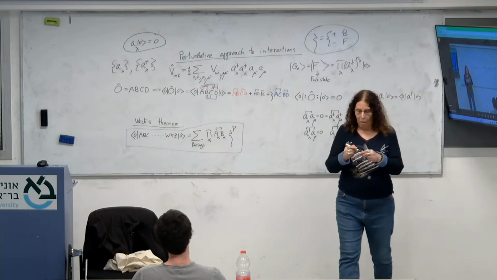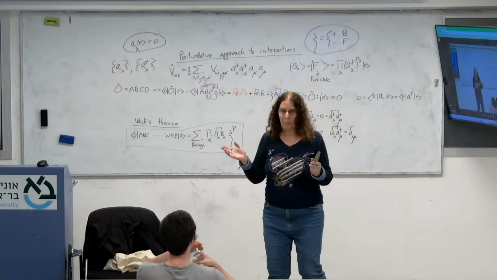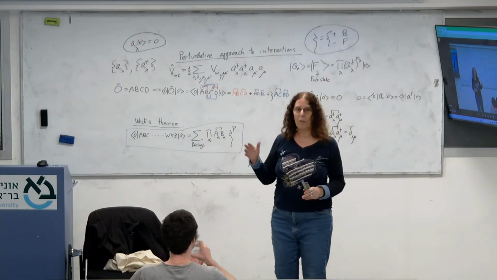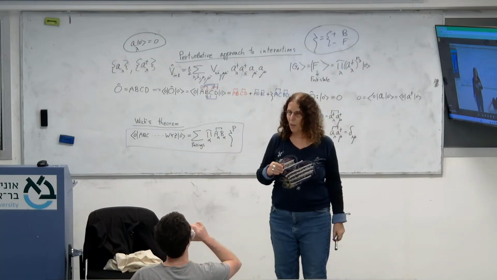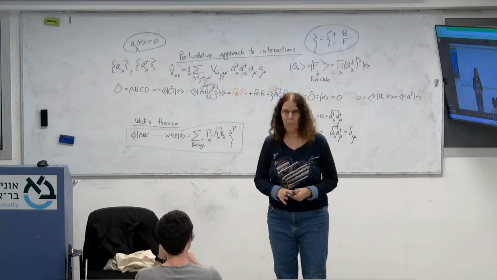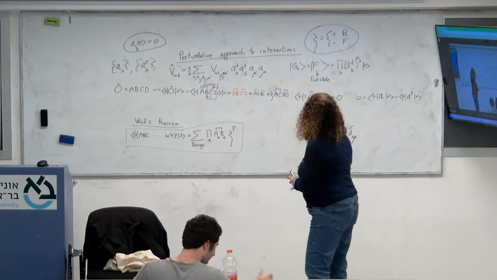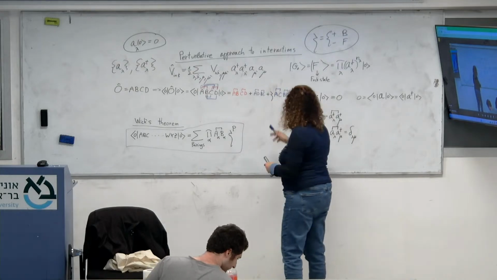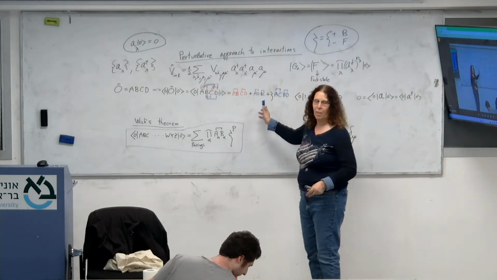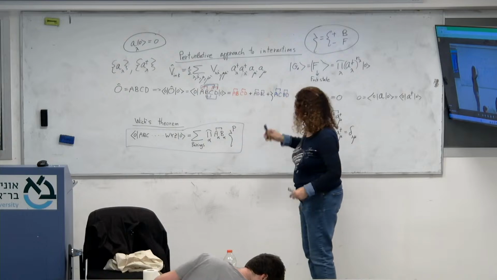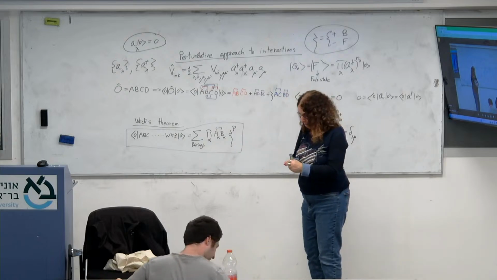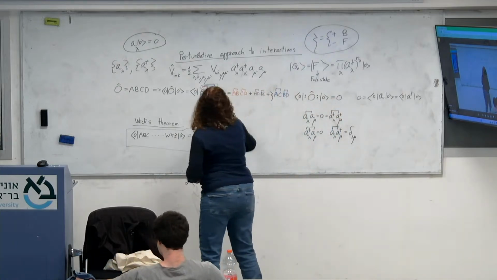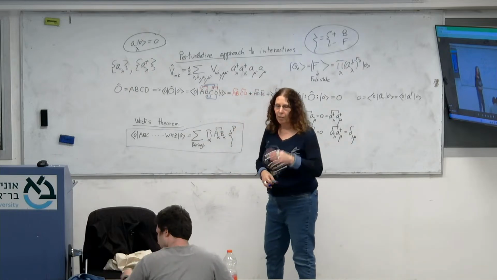Not surprisingly, it's related to what we called before an exchange. So this is the term that knows about the statistics. That's the quantum part. Okay, now let's apply it for a general interaction.